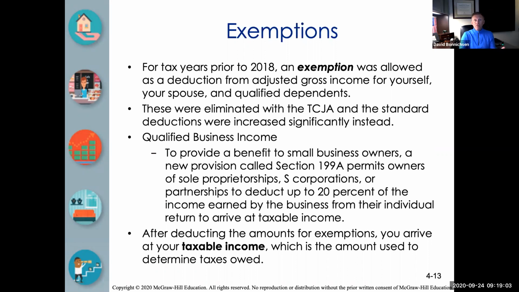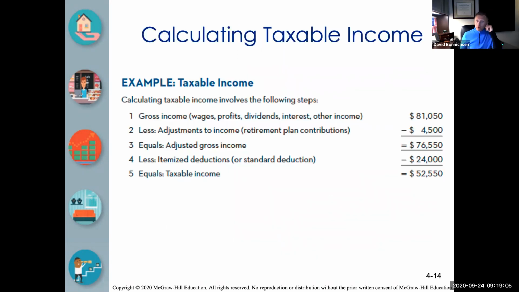So here's an example of our taxable income, right? We've got gross income of $81,050. We are removing some adjustments to our income. We made some contributions to our retirement plans in the amount of $4,500. So we can take that out. It's a pre-tax contribution, which gives us our adjusted gross income of $76,550.